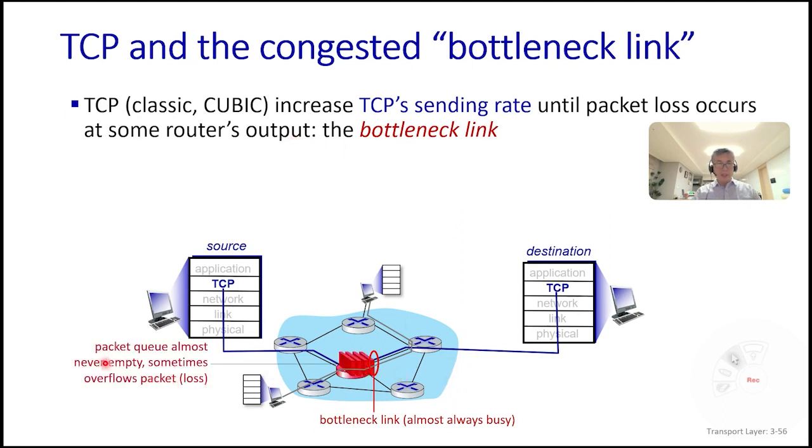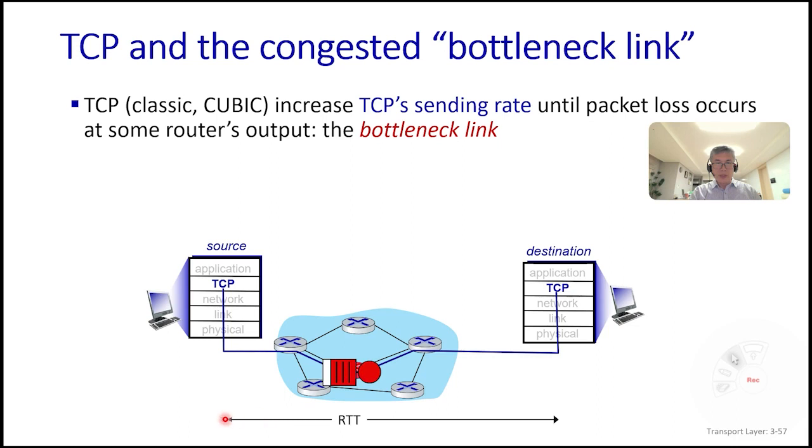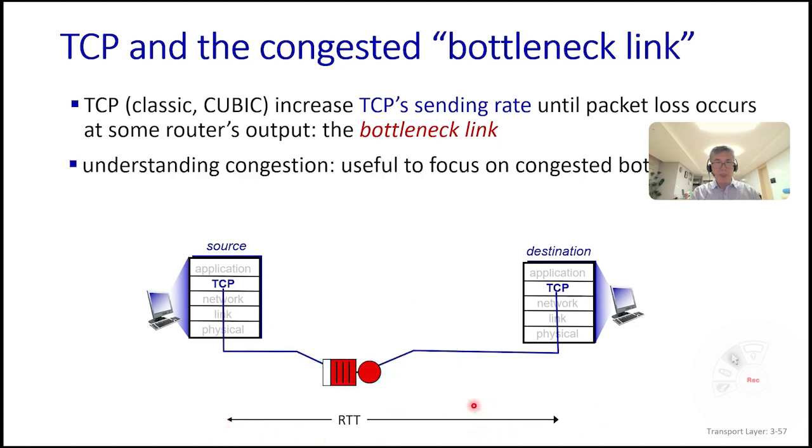The packet queue at the bottleneck router is almost never empty, because many flows share this link. Sometimes it overflows and packet loss happens. So from source to destination, there is the round trip time here.